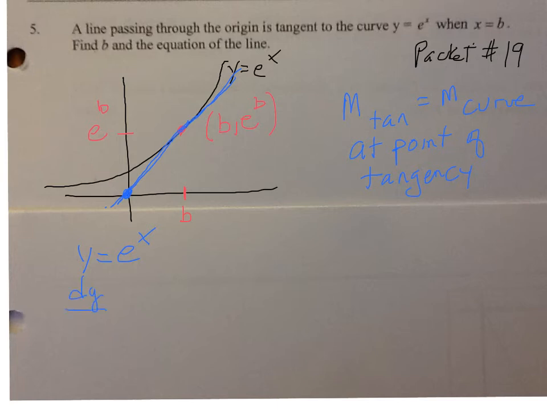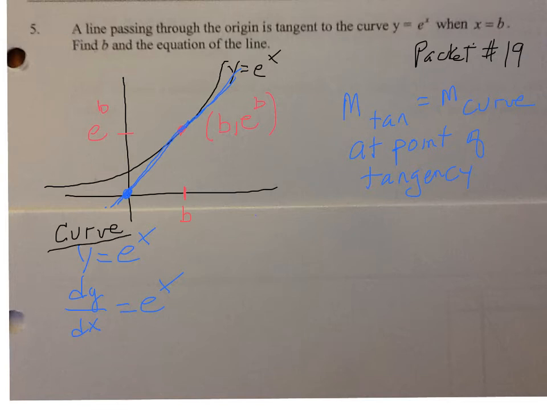It is the only equation whose derivative is the same as the original function. So the derivative of e to the x is e to the x. Now, so that's the curve. That's the slope of the curve.